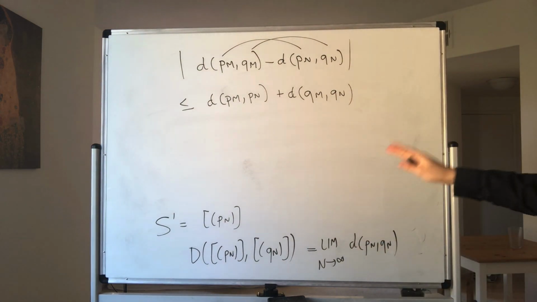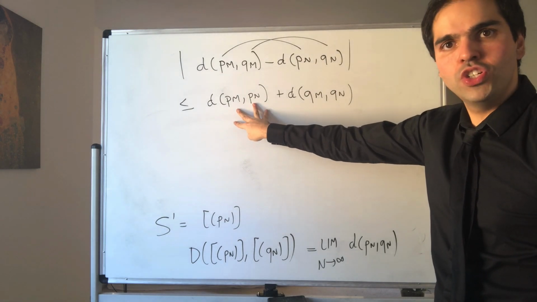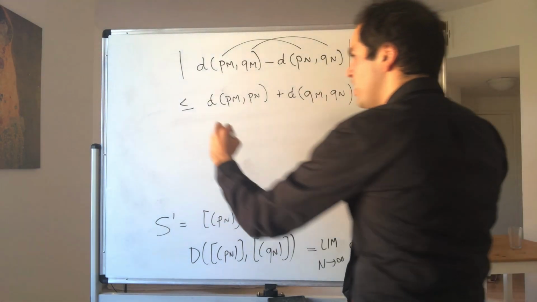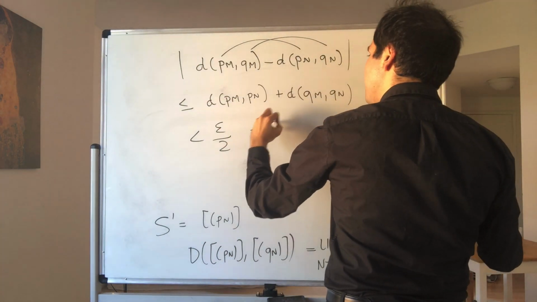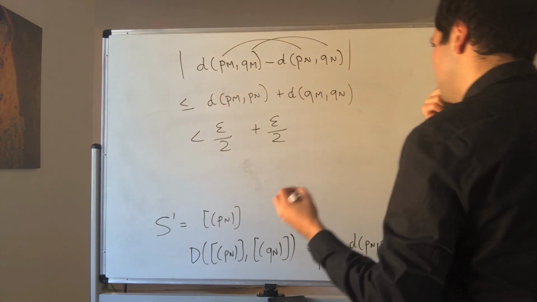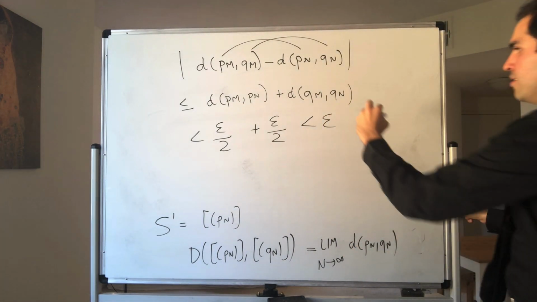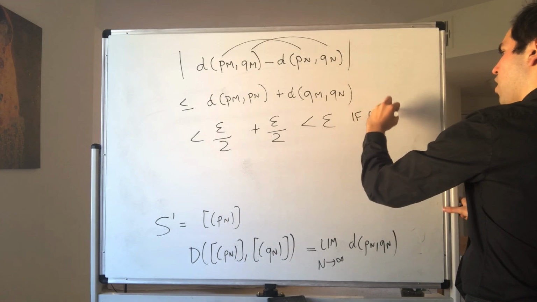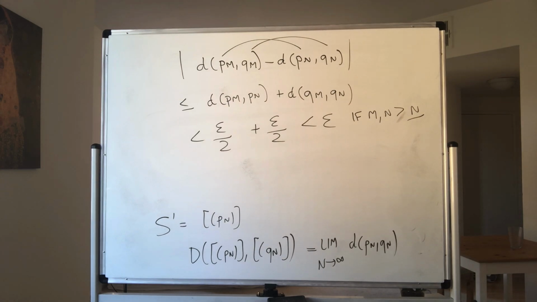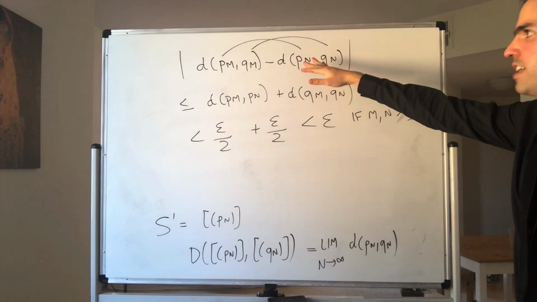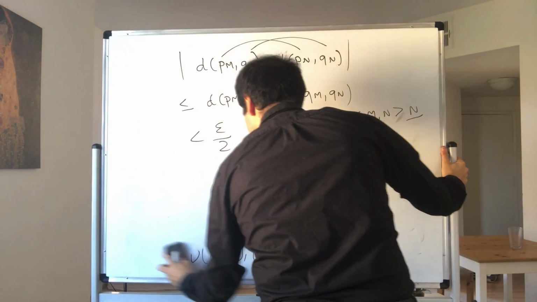But the point is, if m and n are large enough, because Pn is Cauchy, by definition, we can make this less than epsilon over 2 for any epsilon, and we can make this less than epsilon over 2 for any epsilon. So this is less than epsilon if m and n are large enough, so bigger than capital N, for some capital N. And so in particular, what does that show? It shows that the sequence is Cauchy.